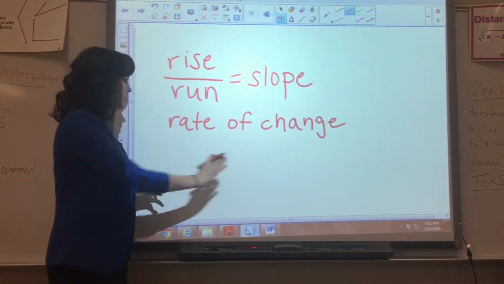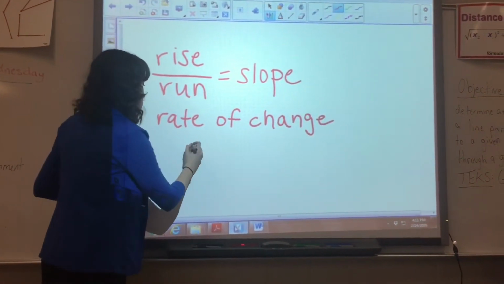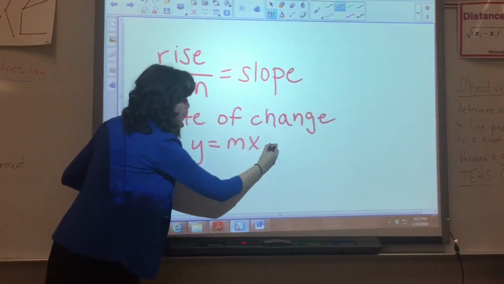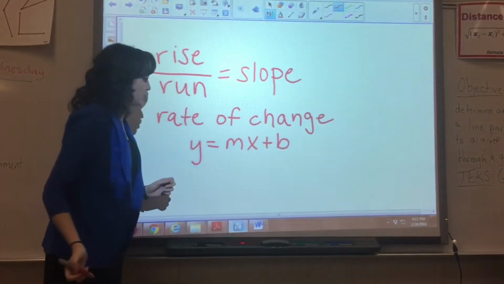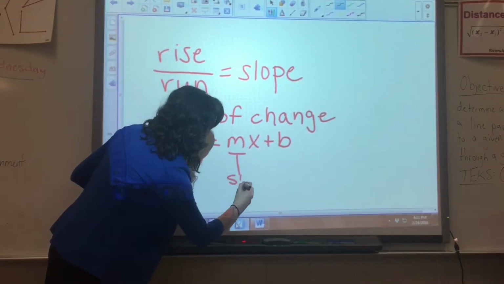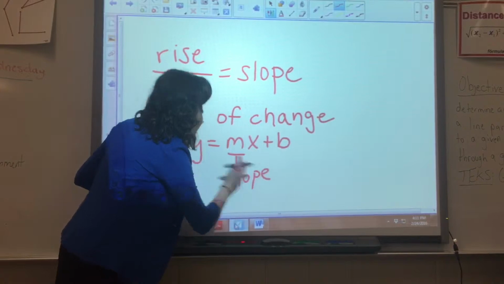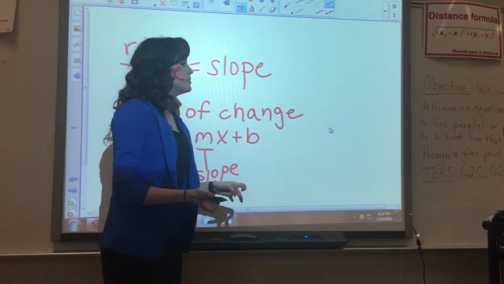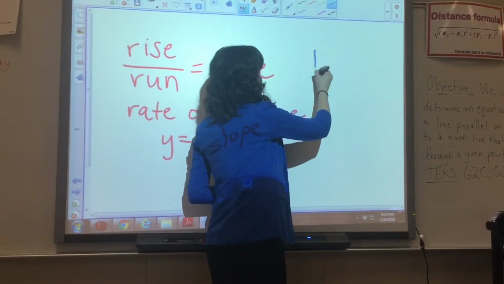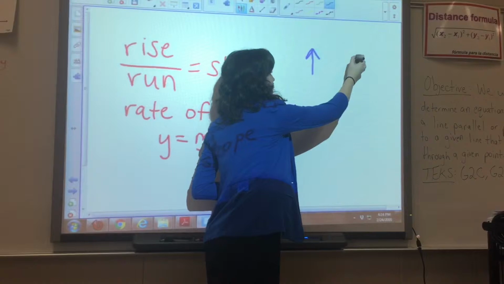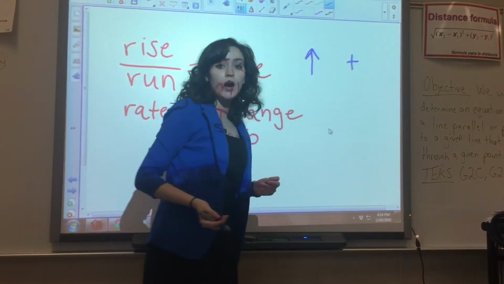Also, in your standard equation, it's y equals mx plus b, and your slope is your m. So the m is your slope in your equation. Now when going to your graph, you need to be careful and know that when you're going up on your graph, which is your rise, your end result is going to be positive.